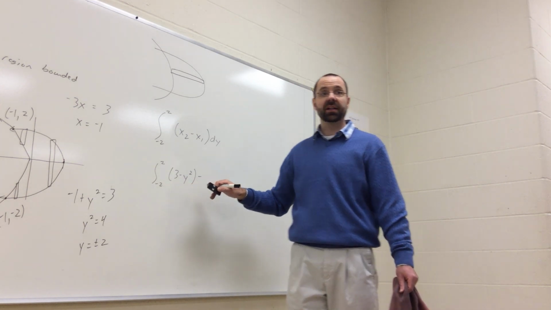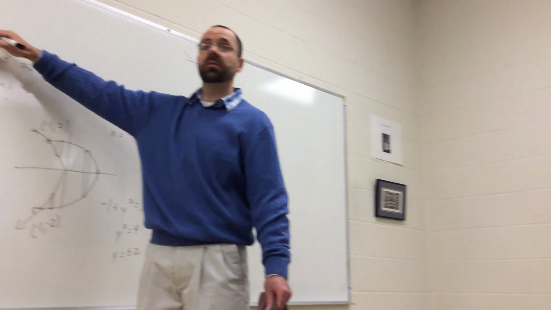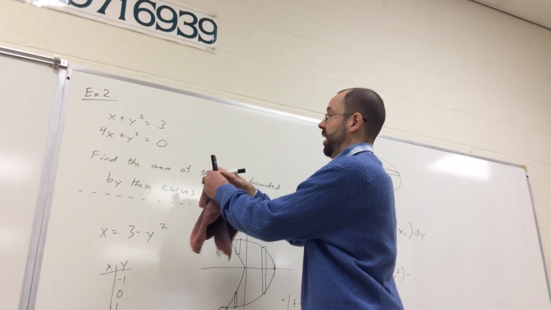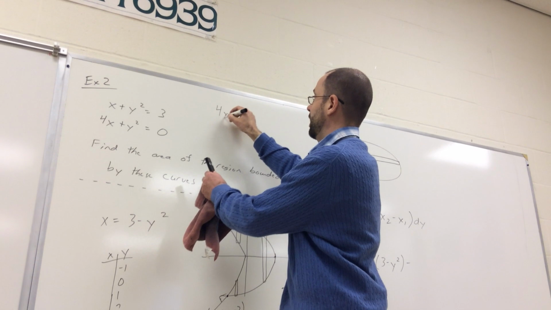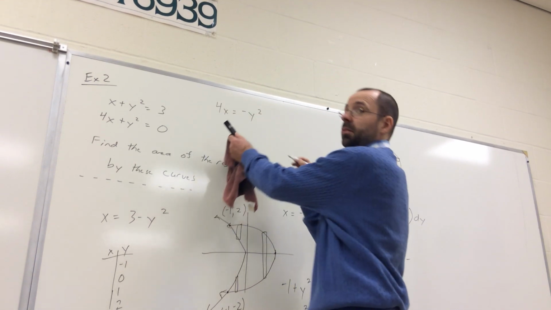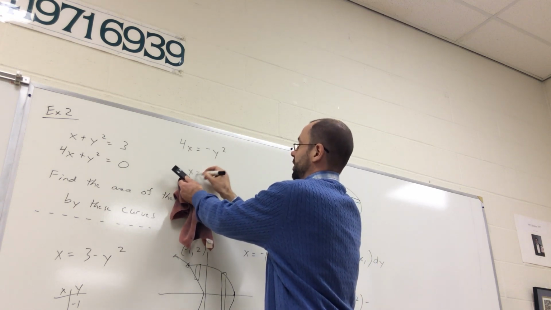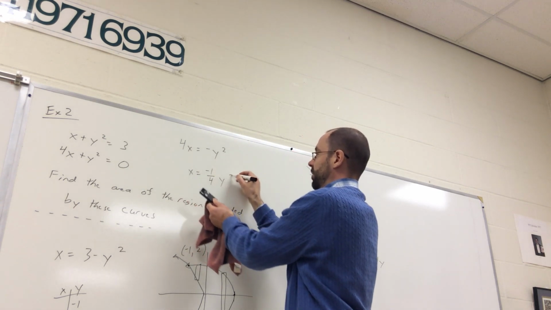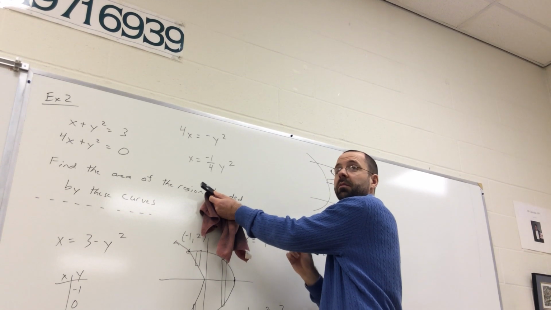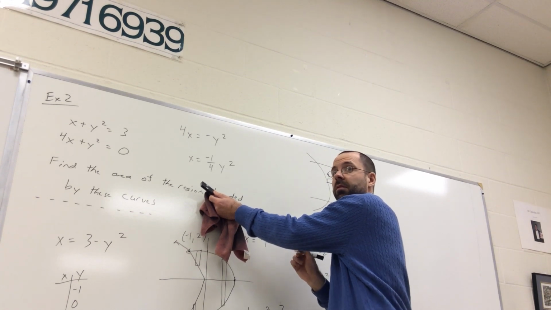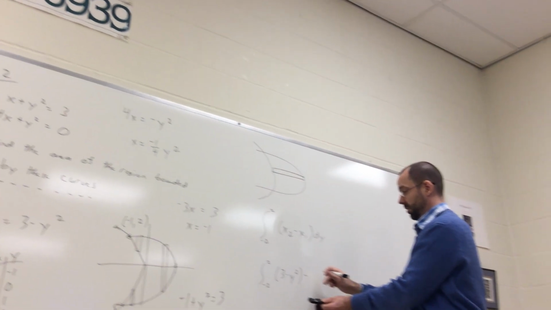Okay, then the smaller x comes from this equation, so I've got to solve that for x. So 4x equals negative y squared, subtracting the y squared over. So x equals negative 1/4 y squared. So then you plug that in here.